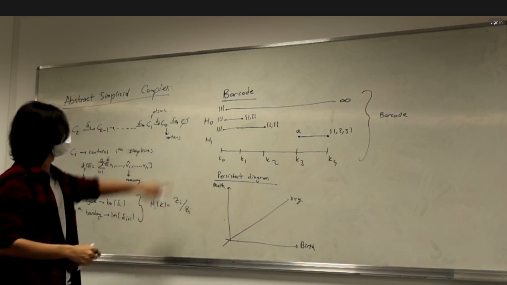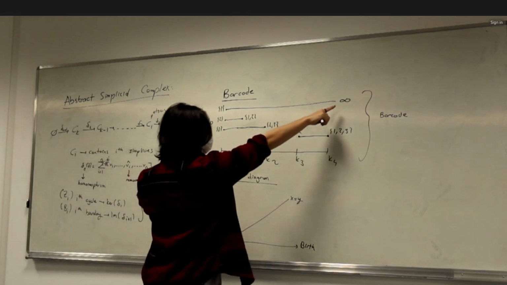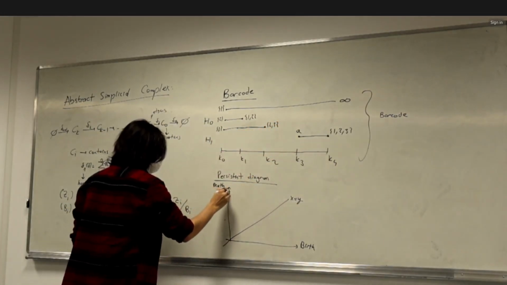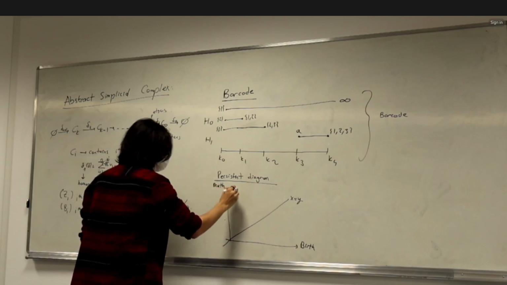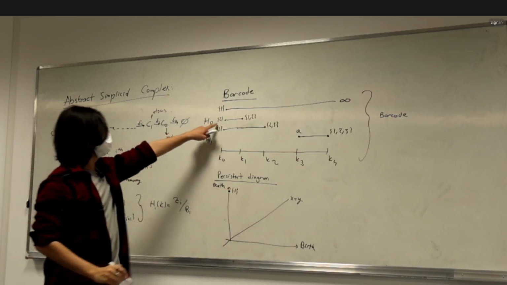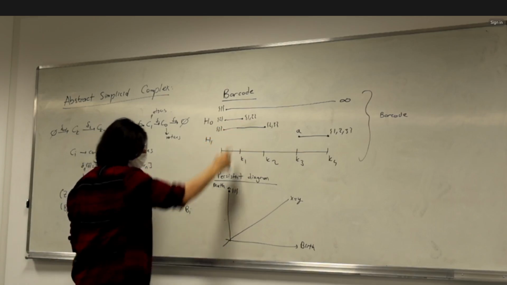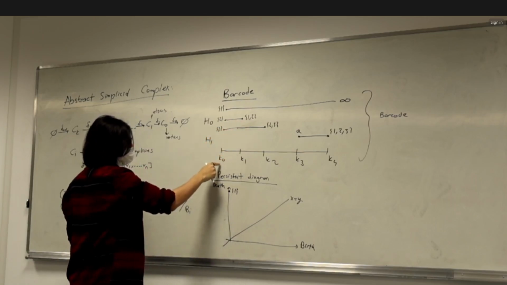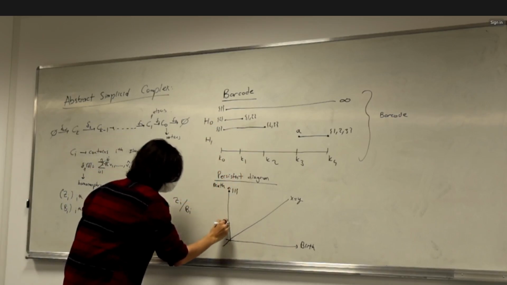For instance, for 1, the birth is 0 and the death is at infinity, so we denote it by putting it at the top of this line. Now 2 started at K0 and died at K1, so we denote it by putting 2 at the point 0,1, which is here.